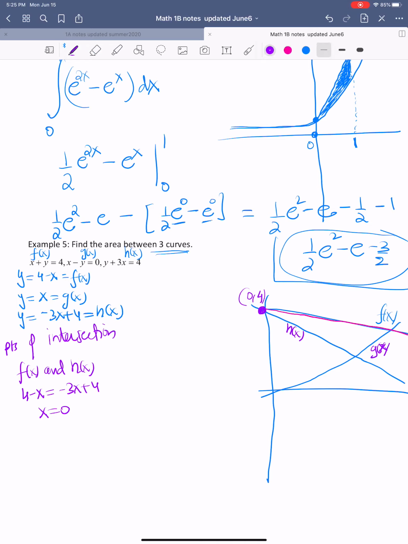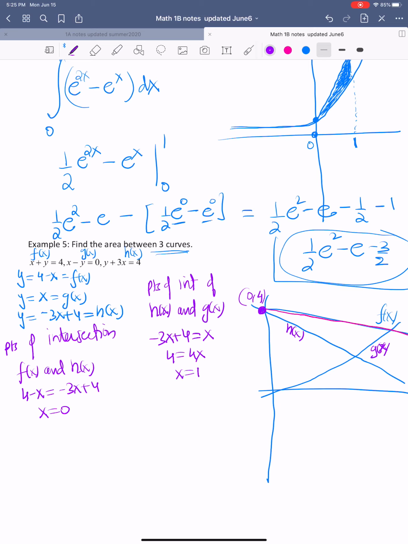So next I want to find points of intersection of which two curves. We can look at h of x and g of x. H of x is negative 3x plus 4. G of x is just y equal to x. And when I solve this, I get 4 is equal to 4x, x is equal to 1.